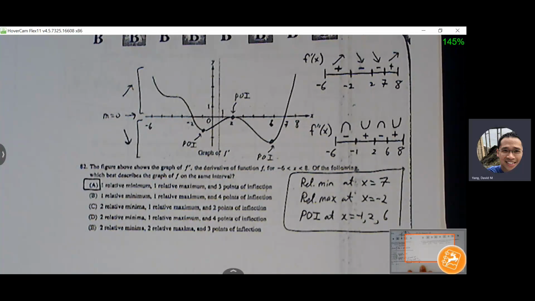And then for your second derivative sign line, your points of inflection are your peaks and valleys. So in this case, -1, 2, and 6. And then the slopes of the f prime graph indicate the concavity of your original graph. So negative slope, concave down, positive slope, concave up, negative slope, positive slope. And if you can create your sign line correctly, then the options become a lot easier to choose from.